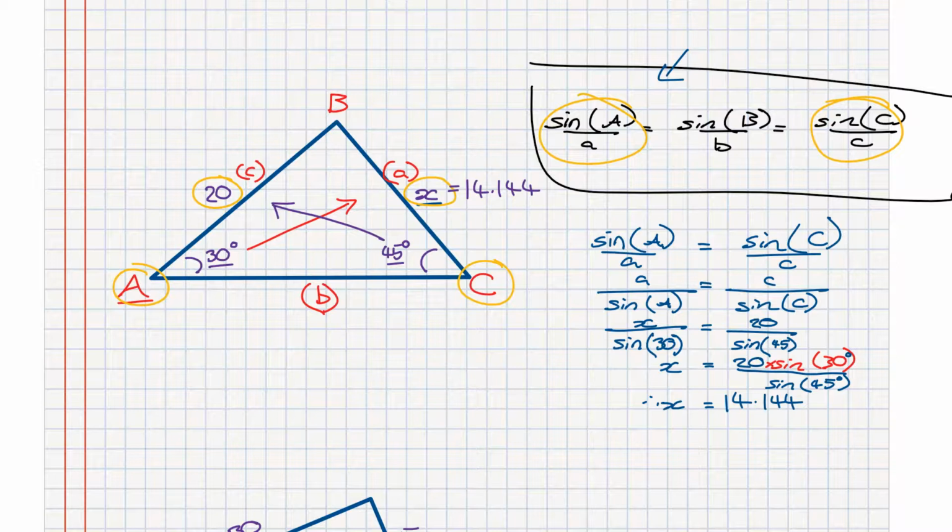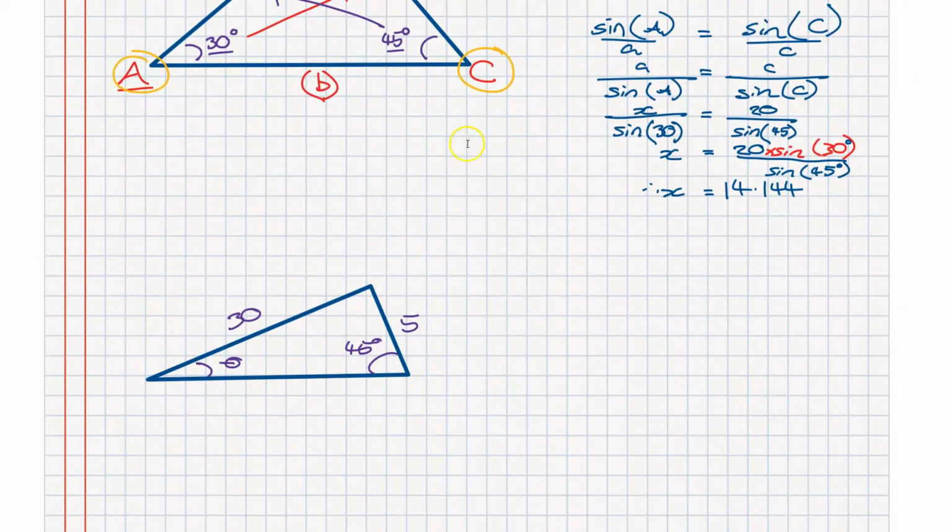Comparing it to the angle with 30 degrees, 20 is greater than 14.144 and 45 is greater than 30. Because the bigger angle has a bigger side than the smaller angle with a smaller side, I know that's correct. If this value here was greater than this side here, I'd know I'd made an error, but it seems to look alright so far.